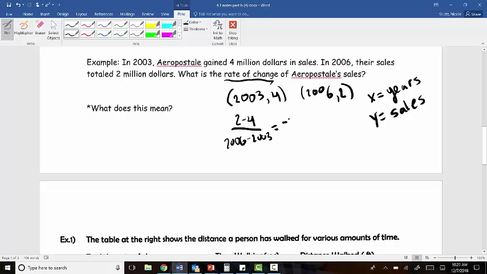So we're going to get negative 2 over 3. And the only other thing we want to do is put words with what our variables were. So on the bottom we have years, and on the top we have sales. And we don't want to forget the sales are millions. So we're losing basically $2 million every 3 years.